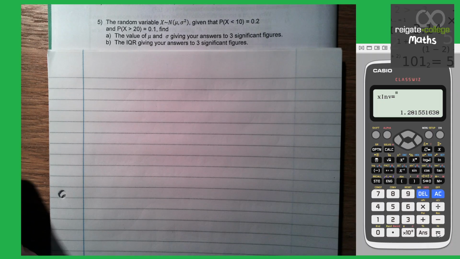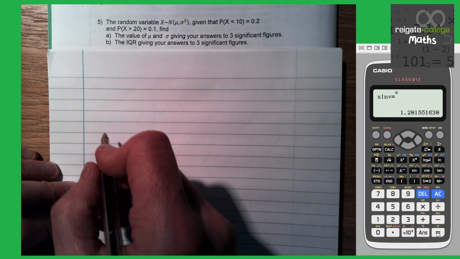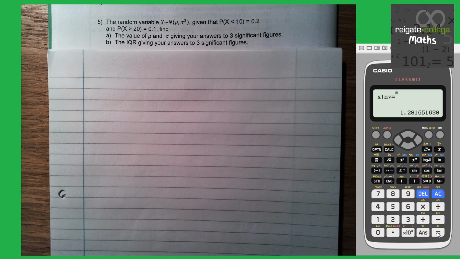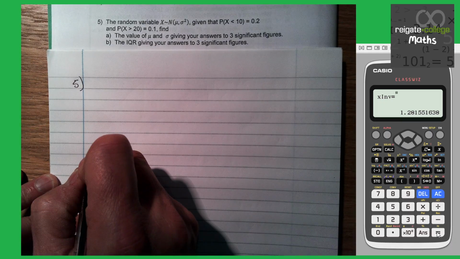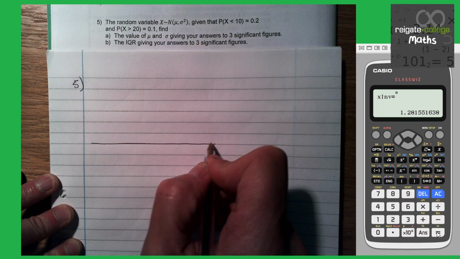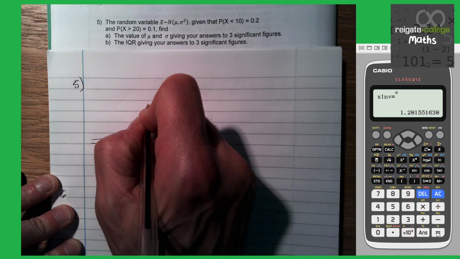So for this one, again, let's sketch out our distribution. So question 5. Here it is, something like that.